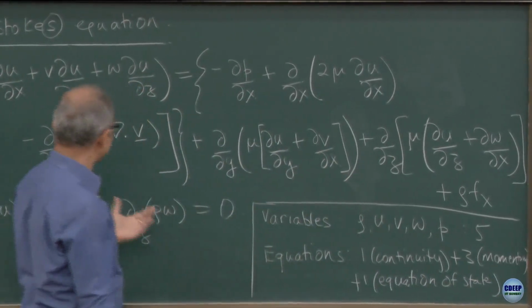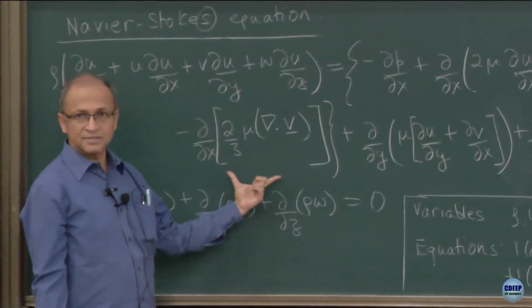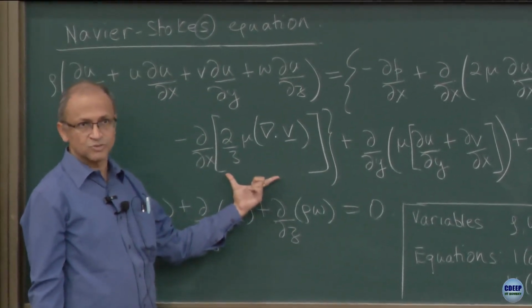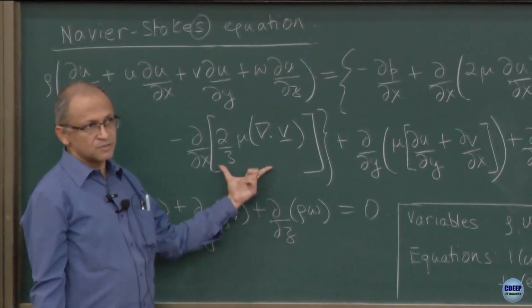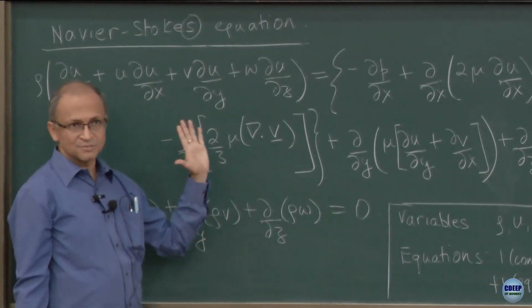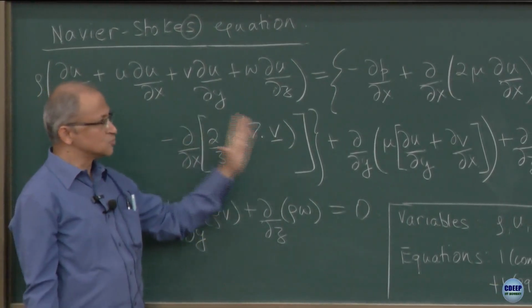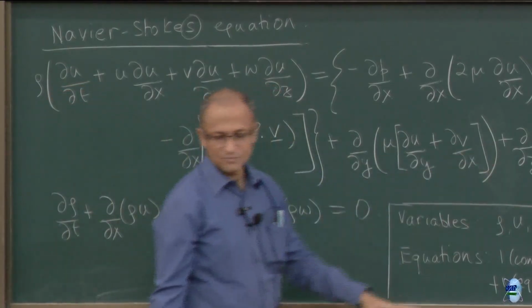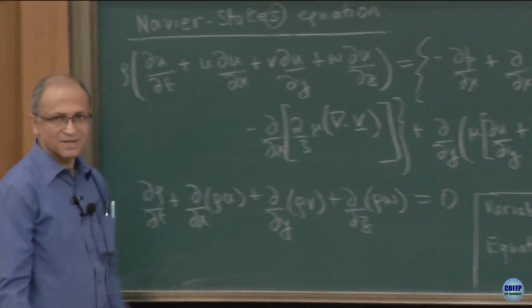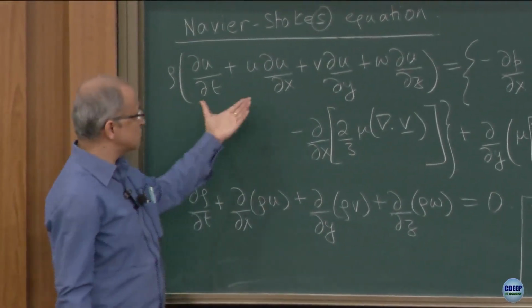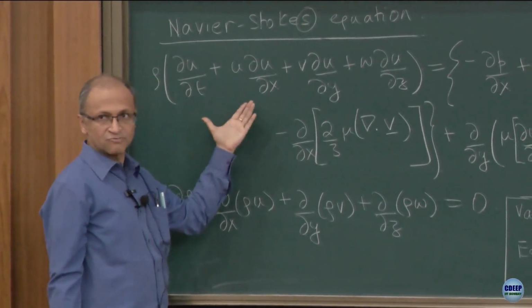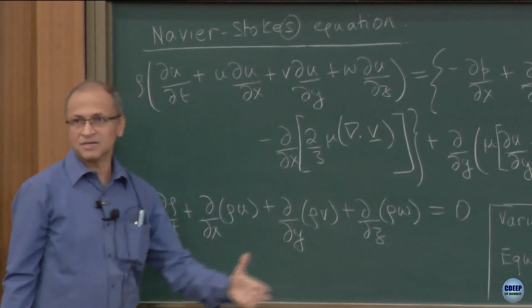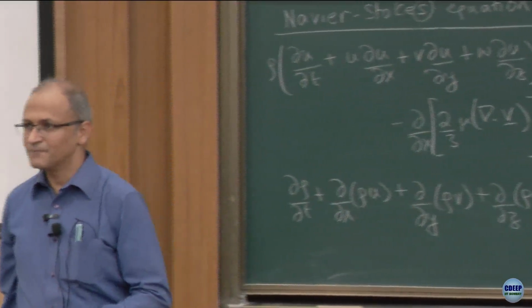You can see that everything else is the same. This is the additional term that is going to appear on the right hand side. Everything else is the same between the compressible and incompressible, and we will do that in a minute. We will see exactly how things simplify. But the bottom line is the left hand side of the compressible and incompressible equations are exactly the same. The right hand side is where the differences would lie.